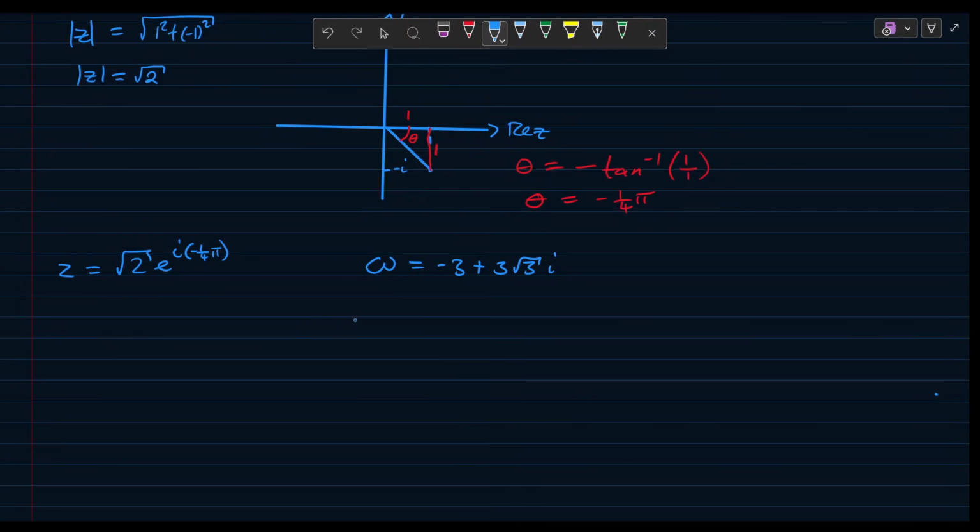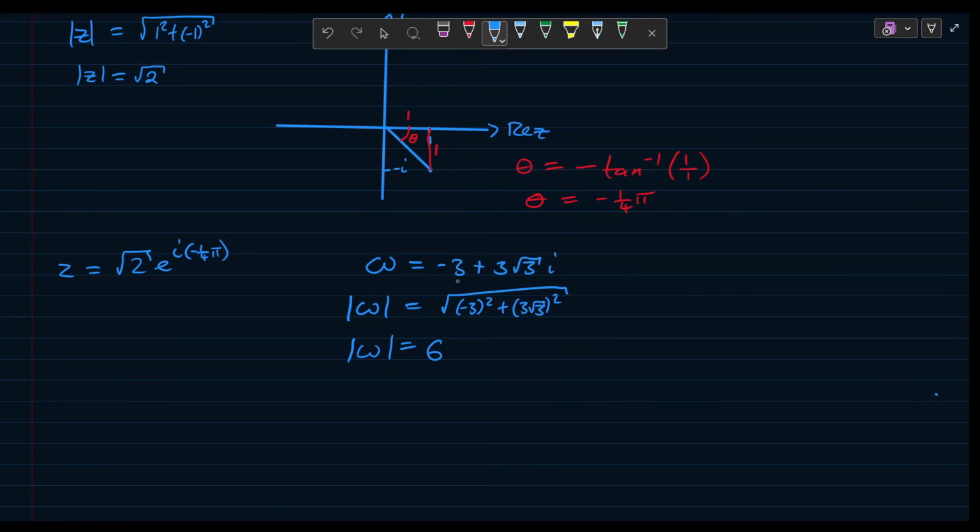For starters, we need to find its modulus. So the modulus of omega is equal to the square root of negative 3 squared plus 3 root 3 squared. Let's punch this into the calculator, and that gives us a 6.